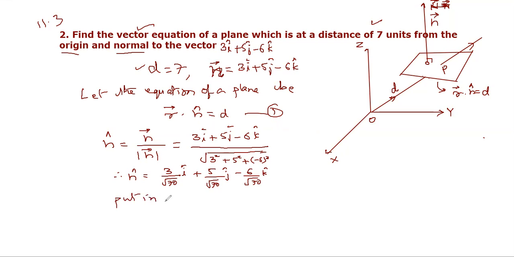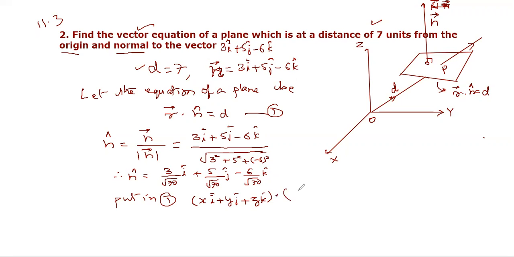Put in the first equation, we get r dot, and you know that r is xi plus yj plus zk. So when writing the final answer, instead of r we can use xi plus yj plus zk dot n cap.